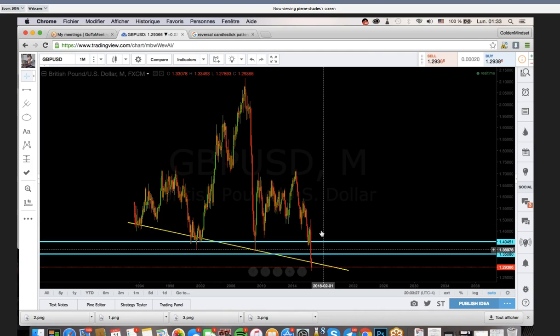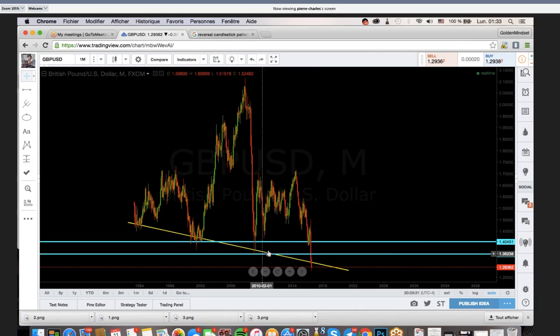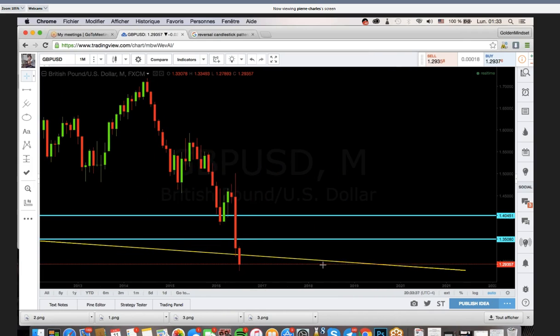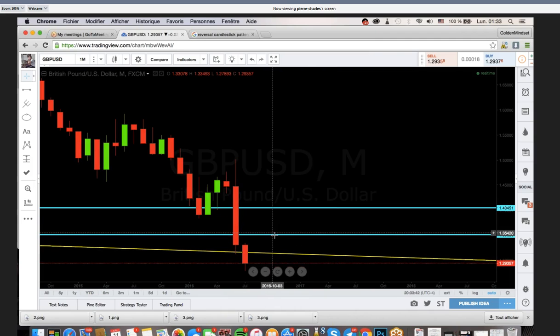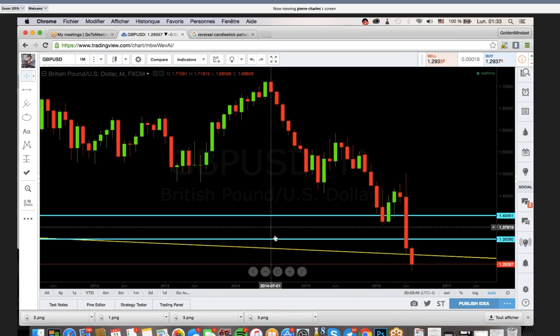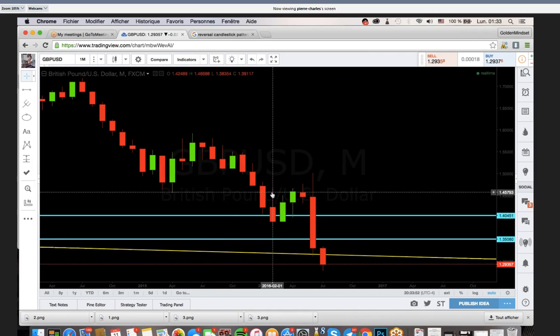People are saying it has never been this low, so it will reverse. Of course it will, but where? If somebody is telling you GBP USD looks like a buy, look at how crazy this is. First second bearish candle, but that doesn't actually confirm that it's going to be bearish.